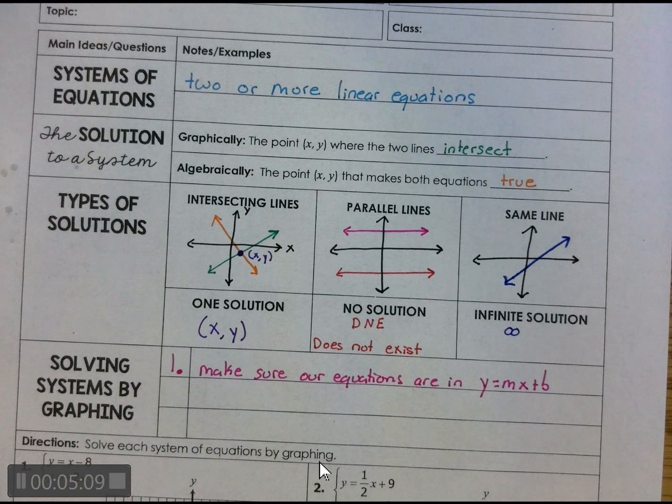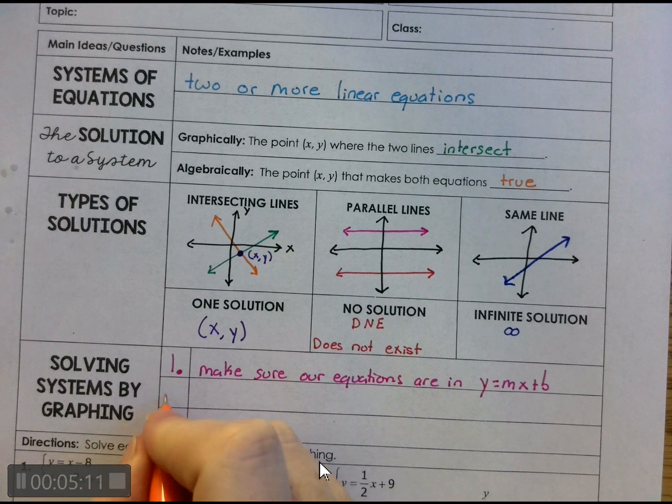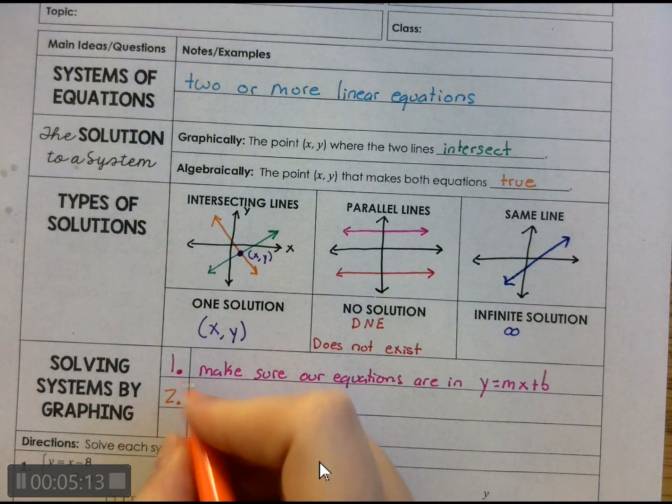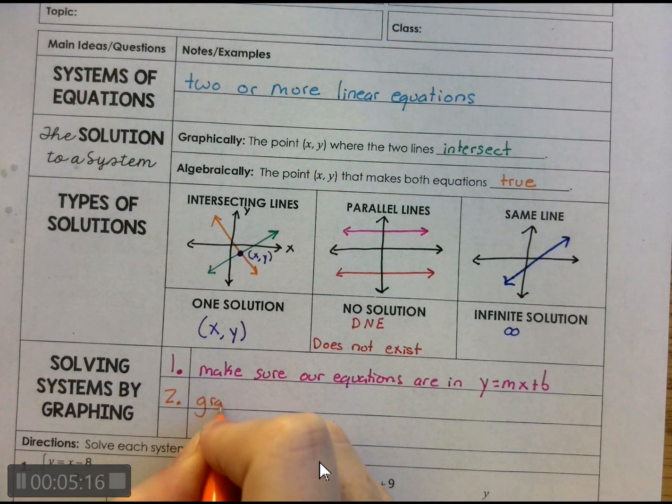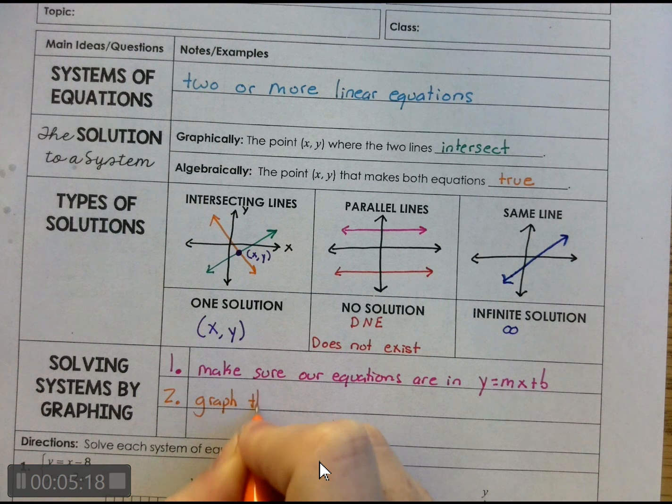And then our second step is going to be graph our lines, which we have done many times.